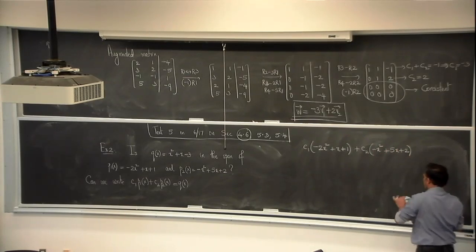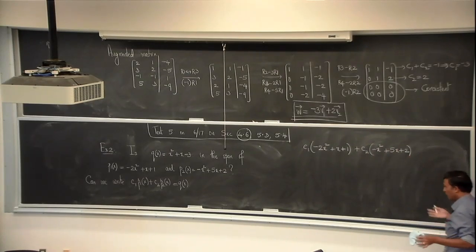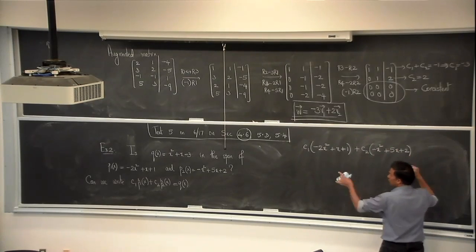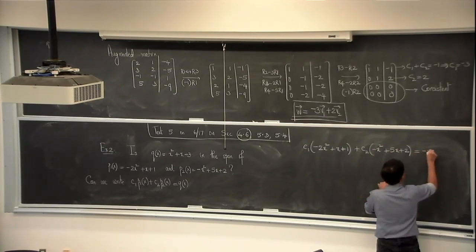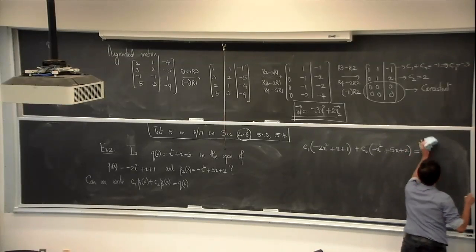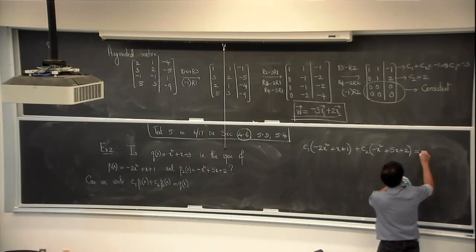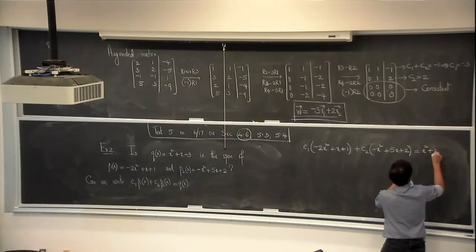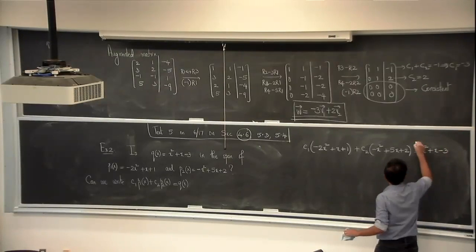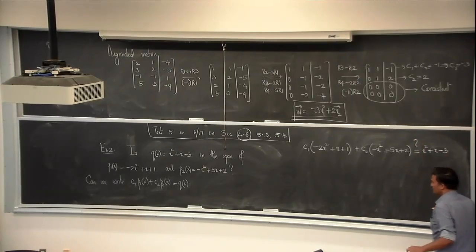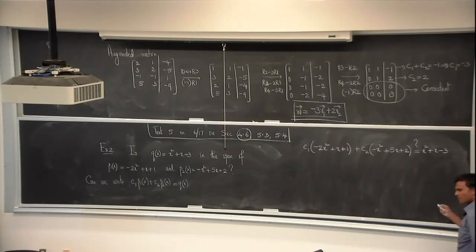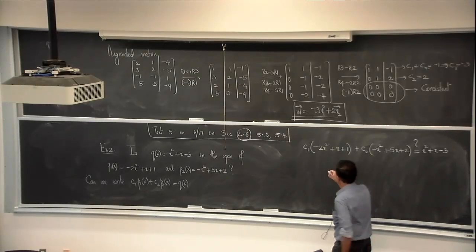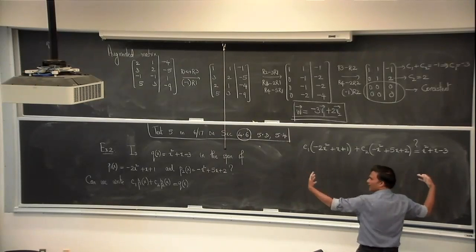Can these two polynomials add or subtract in some way to give that polynomial Q of x, x squared plus x minus 3? We don't know. To approach this, you first expand it out and collect the coefficients.